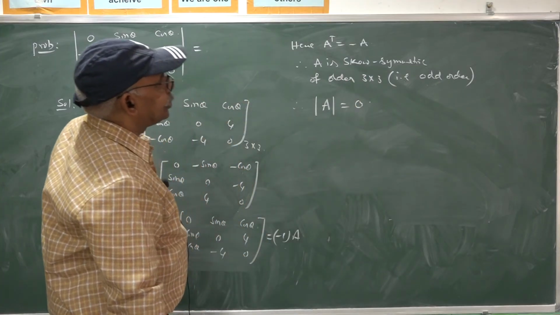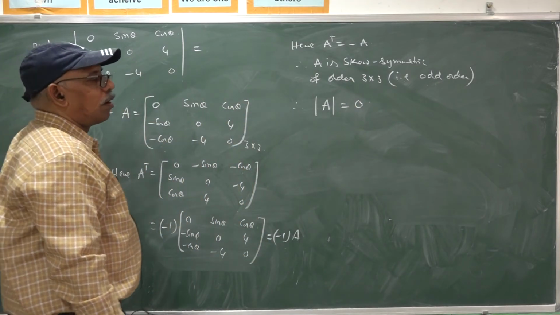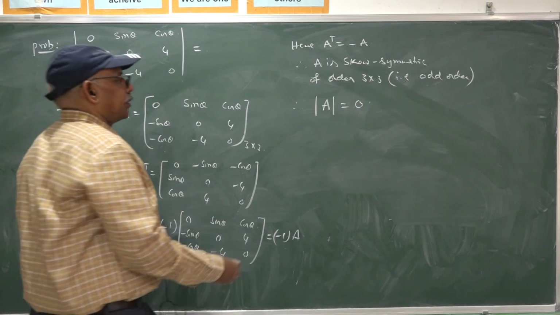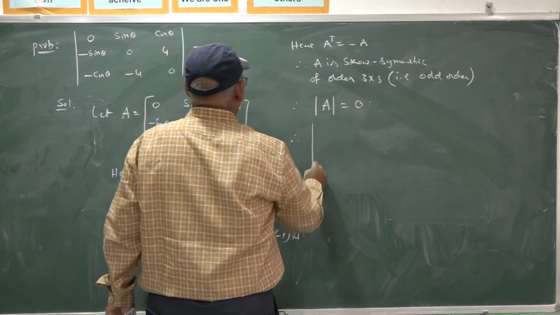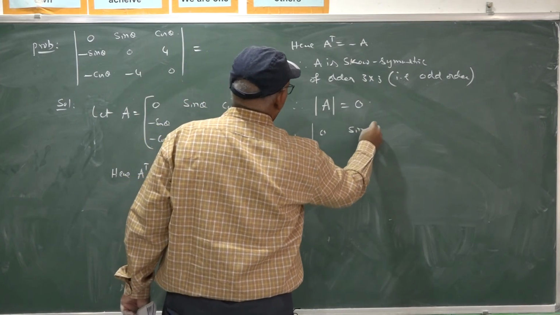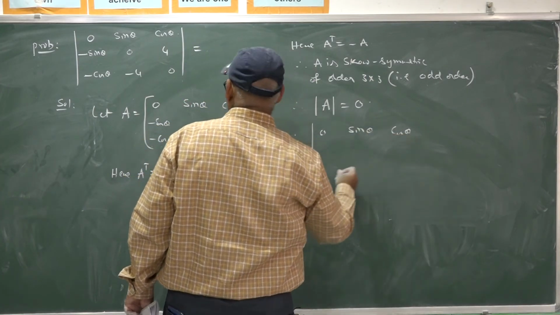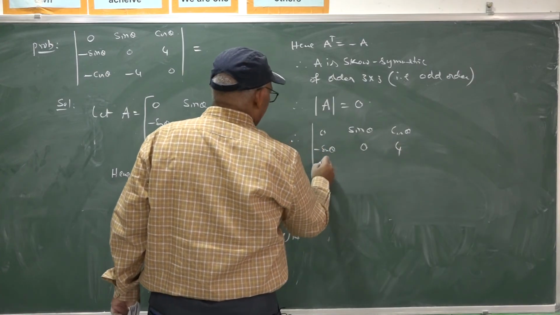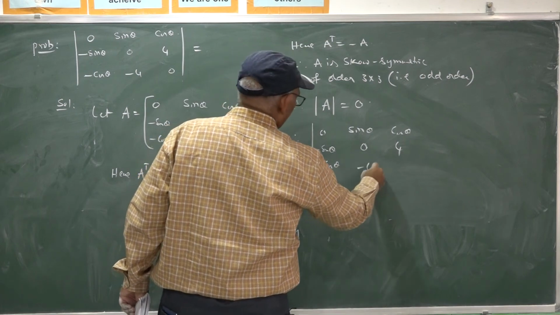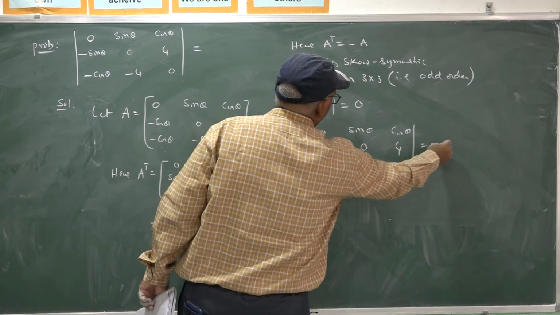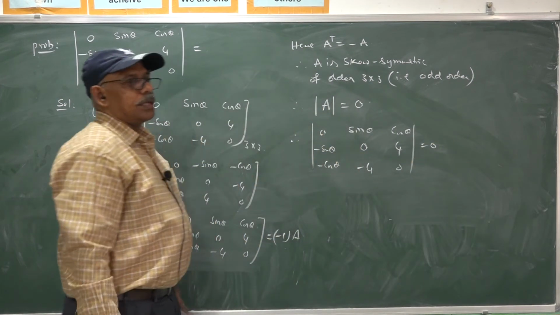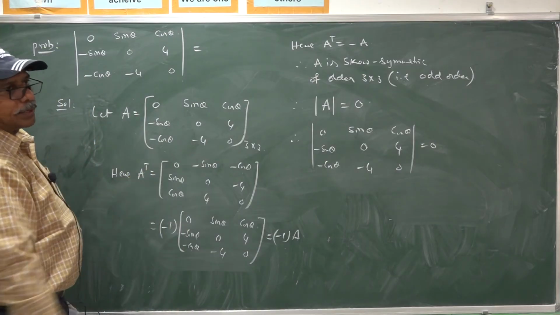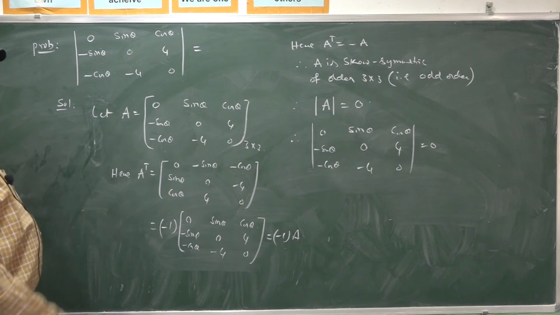Since A is skew symmetric of odd order 3, determinant A equals 0. Hence, the determinant is 0, because the matrix considered with the help of the elements of the determinant is skew symmetric of odd order. That is the concept here.